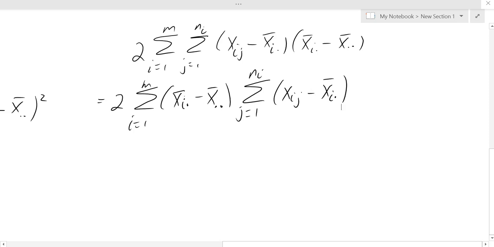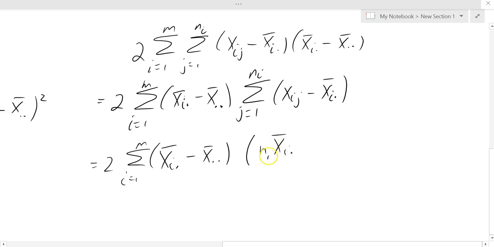If we were actually to compute that sum, we would have 2 times the sum i equals 1 to m, x bar i dot minus x bar double dot, times n sub i times x bar i dot.